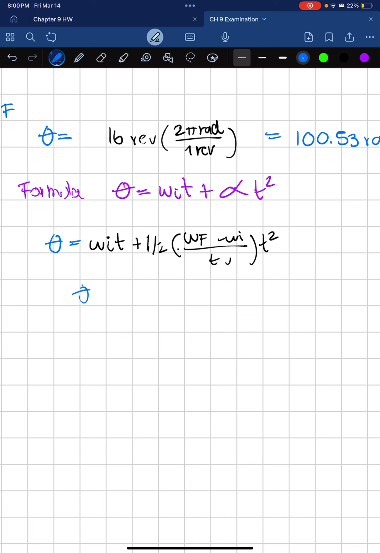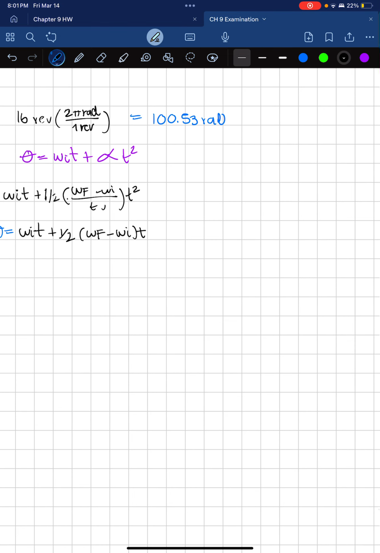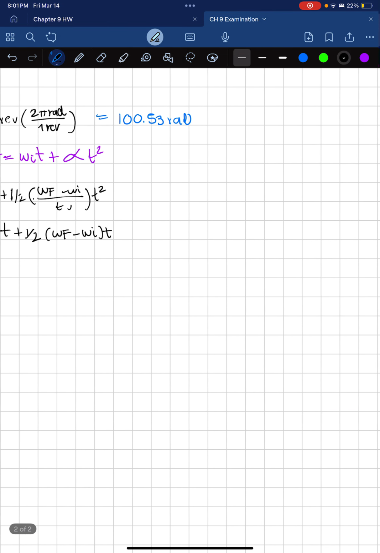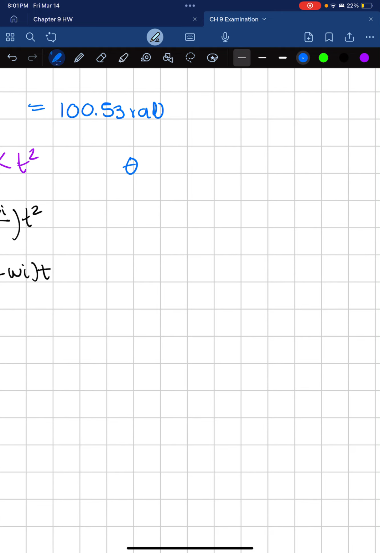This is just algebra that I'm doing right now. Initial velocity times time, so we can bring it to the other side. Then we multiply this times time again. Now we're going to move it to this side, getting rid of that 1.5.